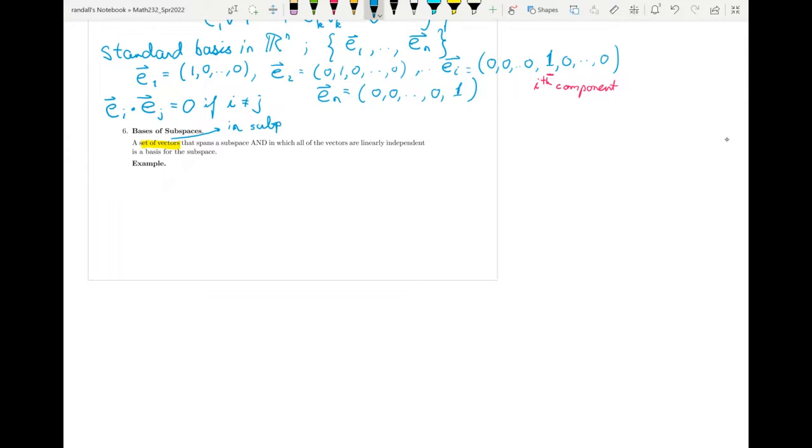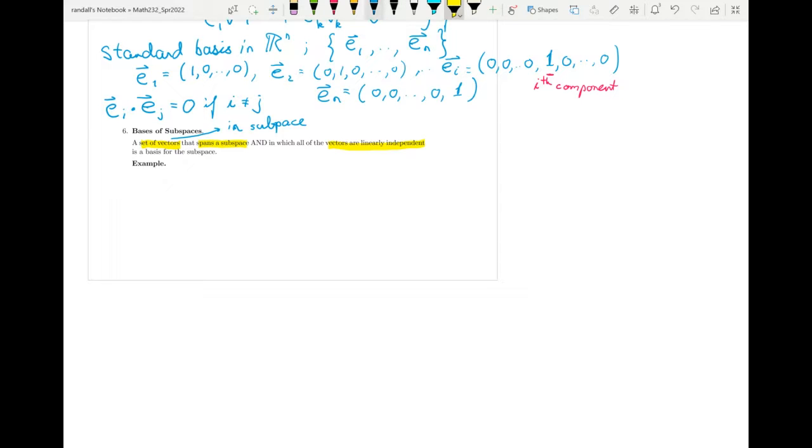So you start with a subspace, and you take a set of vectors from that subspace. And what's special about these sets of vectors? Well, they span the subspace, and the set of vectors is linearly independent. So I take a set of vectors that are linearly independent, and they span the subspace.